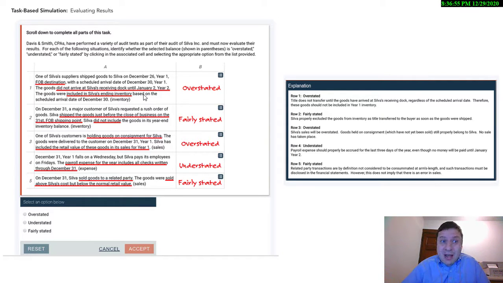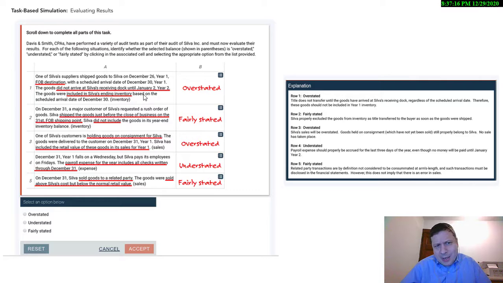The goods did not arrive at Silva's receiving dock until January 2nd, year 2. The goods were included in Silva's ending inventory. So if they included it, they're showing too much inventory. It's overstated because if it didn't arrive until January 2nd, you've got to exclude it. And the inventory is overstated.